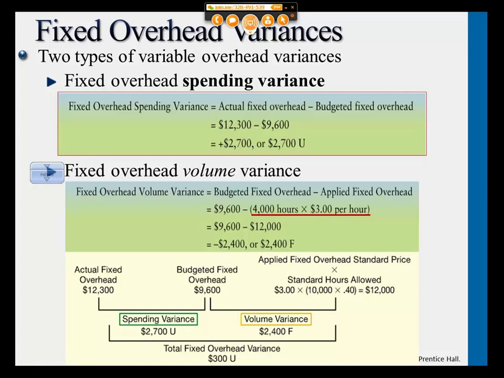So it's actual fixed overhead minus your budgeted fixed overhead when you're looking for the spending variance, right? And then the volume variance is the difference between budgeted fixed overhead and the applied fixed overhead, which is your standard price multiplied by the standard hours allowed, right? Okay.